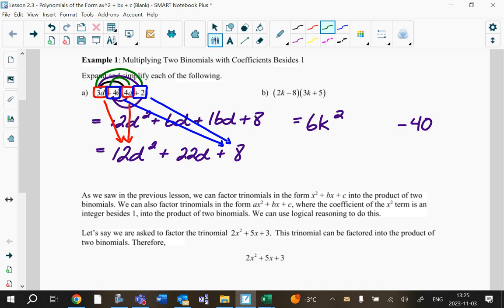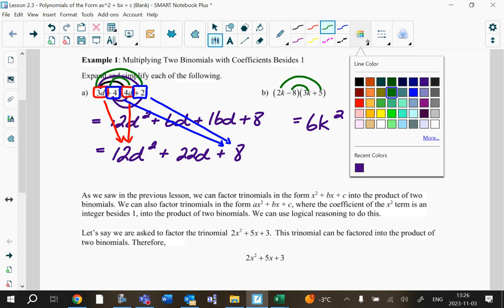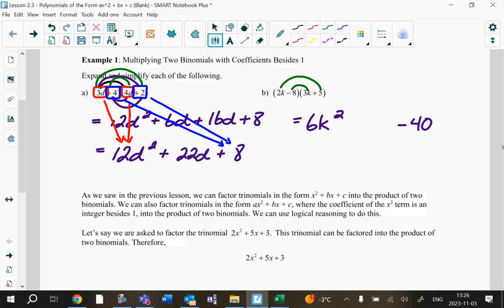So what's 5 times 2k? 10k. What's negative 8 times 3k? So we've got negative 24k and a plus 10k. Negative 24 plus 10 is negative 14k.